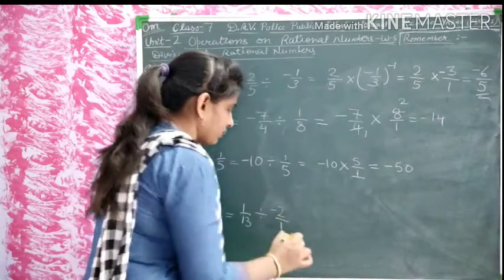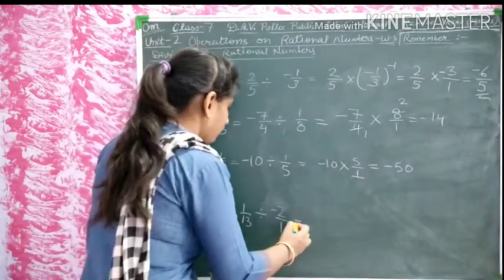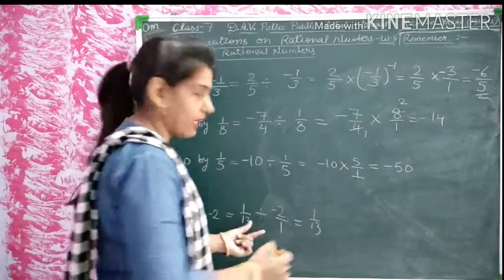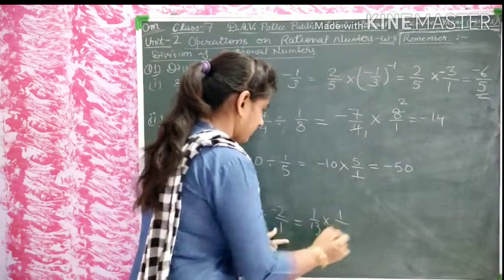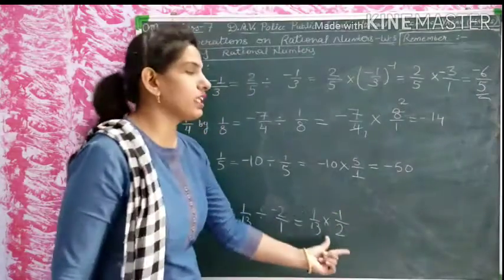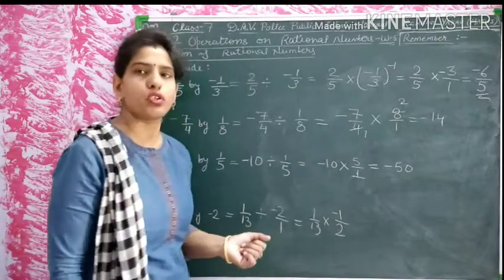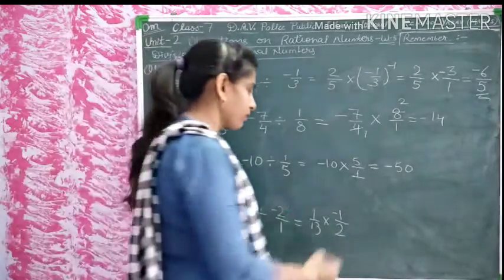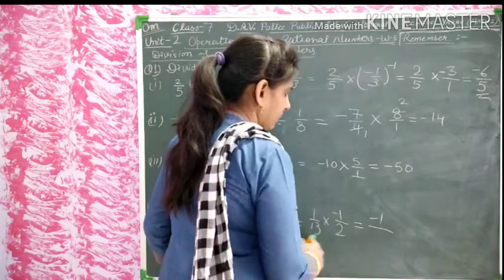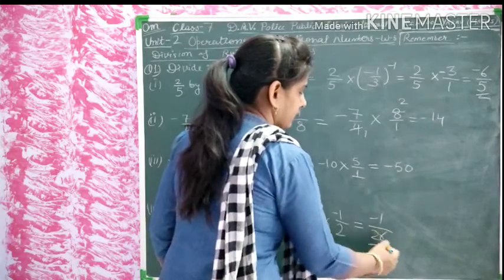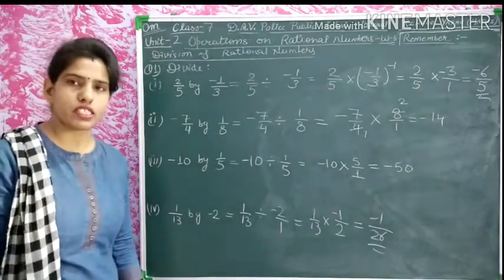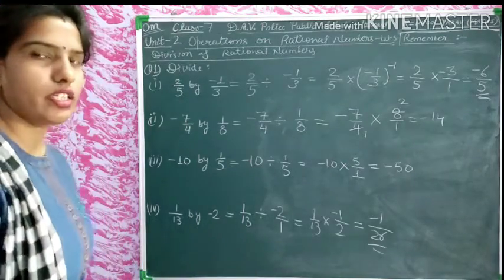So 1 by 13, divided changes into multiply, and the reciprocal is 1 by minus 2. Because we have to keep it in standard form, we do not write the minus sign in the denominator. Minus 1, 1 into 1 is minus 1, and 13 times 2 is 26. We get the answer minus 1 by 26. Is this clear, students? Now we will go to the next question.